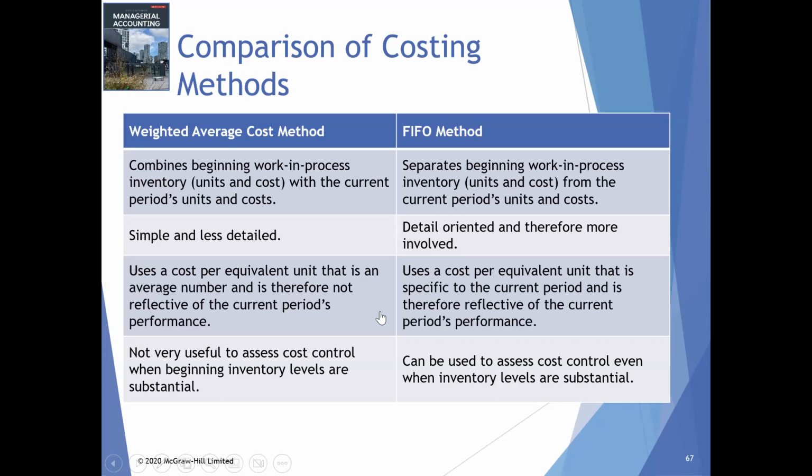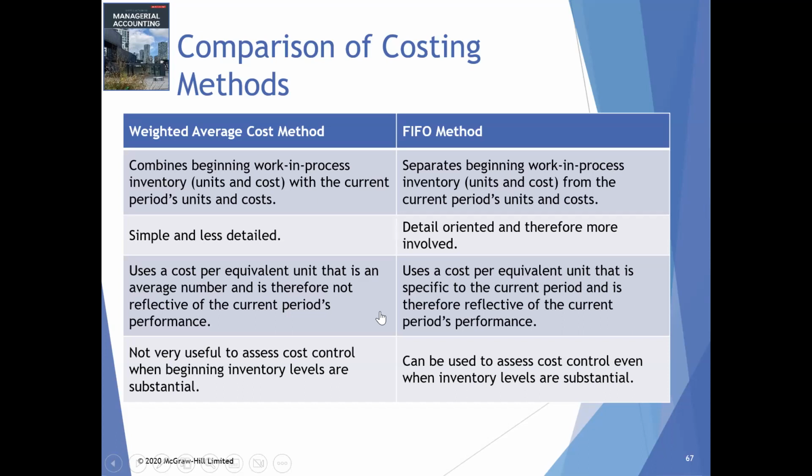And the FIFO method separates the beginning work in process, meaning units and cost, from the current period's units and cost. So the first one is combined and the second one is separated. The weighted average method is simple and less detailed. The FIFO method is detail oriented and therefore more involved.